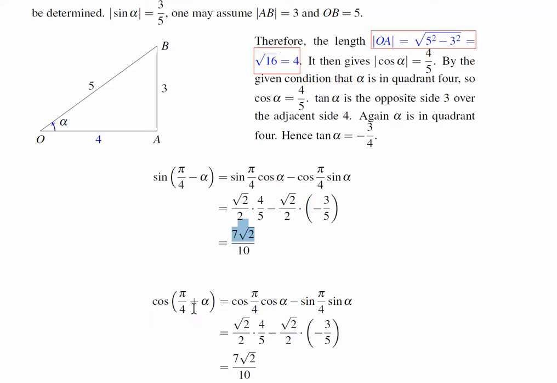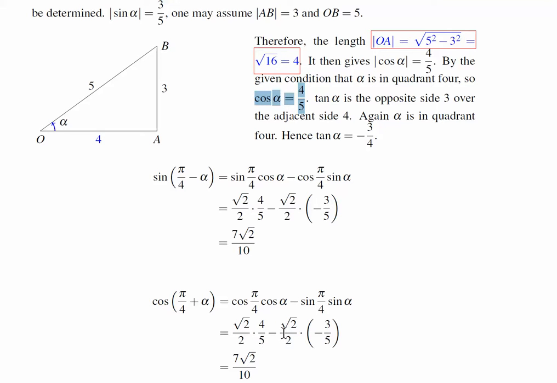Okay, now for cosine, if here is plus, you then have a minus here. And then cosine, you'd read as cosine, cosine, sine, sine. Cosine pi over 4 is radical 2 over 2. Cosine alpha we found already, 4 over 5.